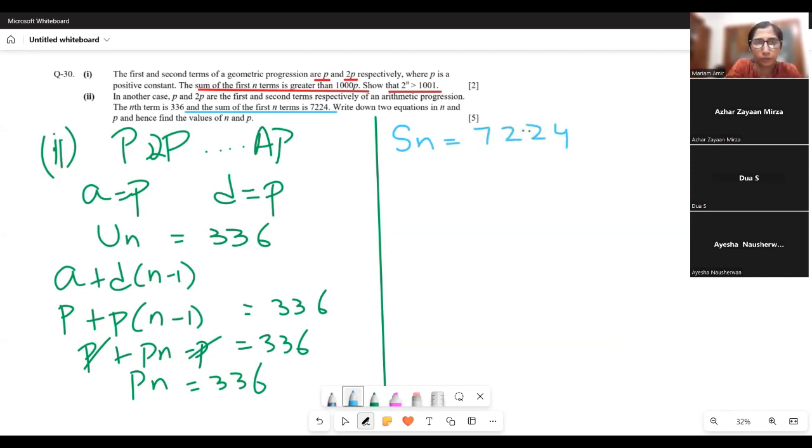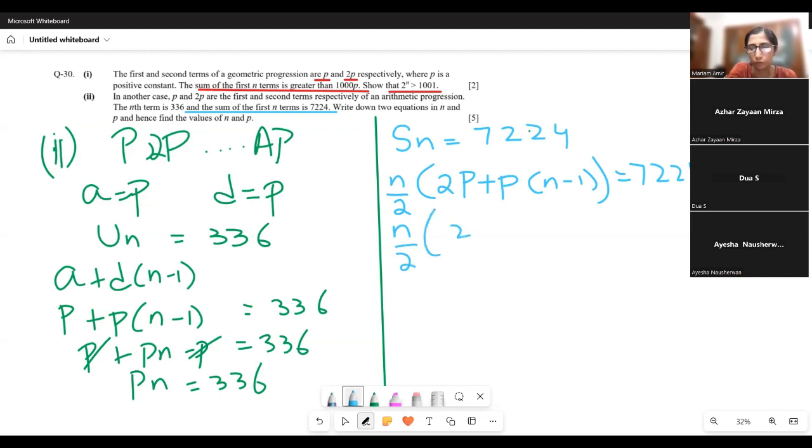Formula for the sum of an AP: n over 2 times (2a, which is 2P, plus D, which is also P, times (n minus 1)) equals 7224. Okay. Let's simplify the bracket. 2p plus pn minus p equals 7224.